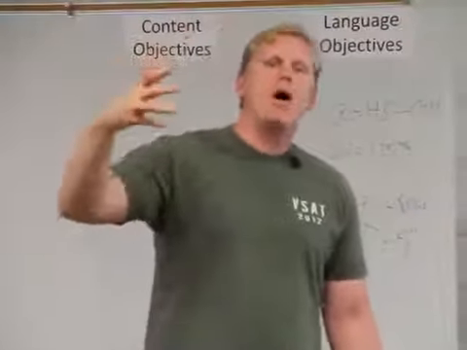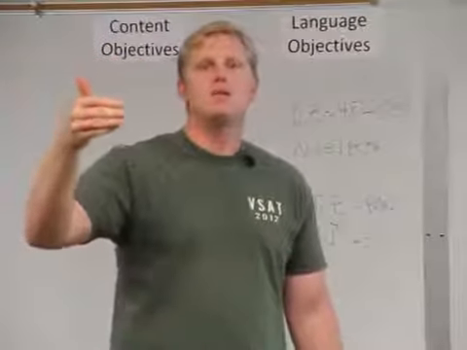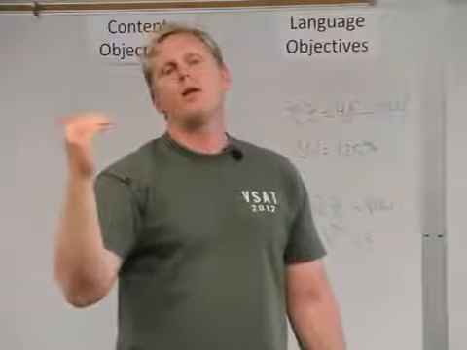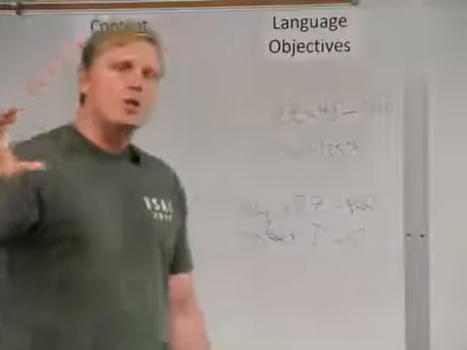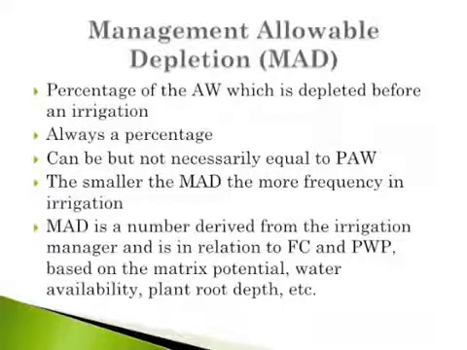So that's the amount of water that's available for the plant to use before it hits a point, the permanent wilting point, where it begins to die. So what we do with our managed allowable depletion is we set a trigger line that says when my depletion of moisture in my soils hits a certain point, I'm going to irrigate.